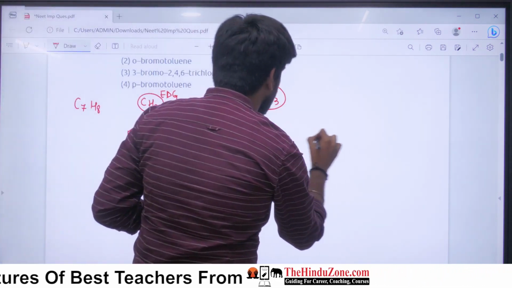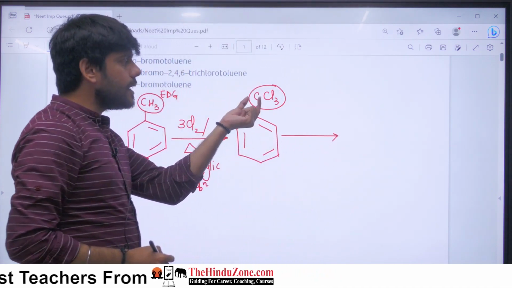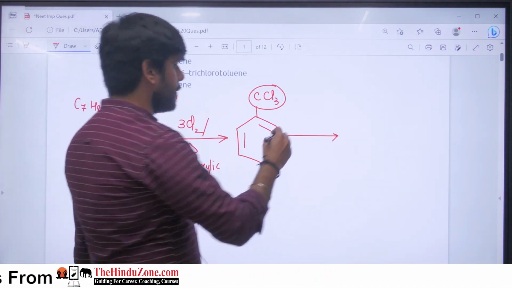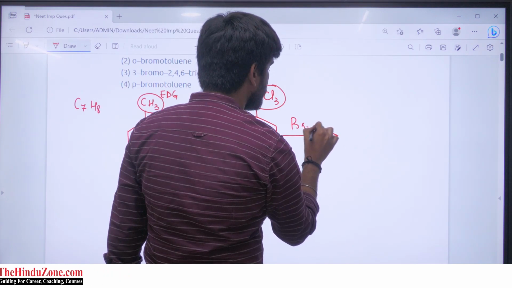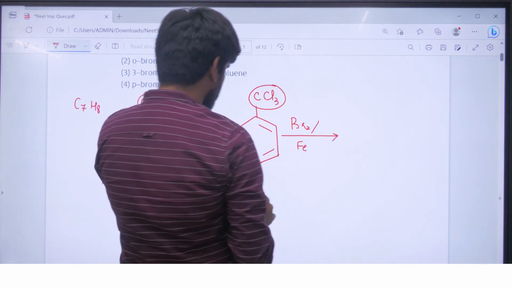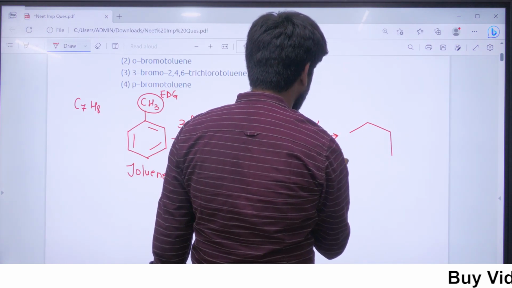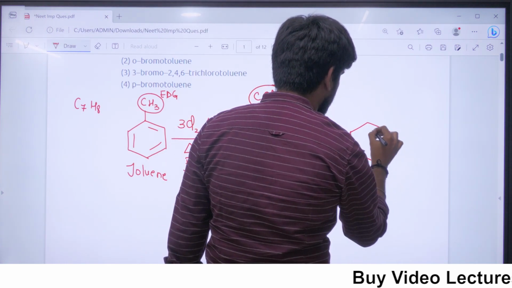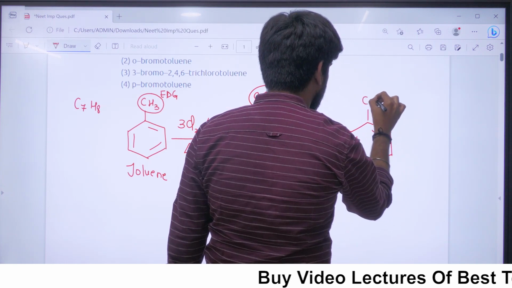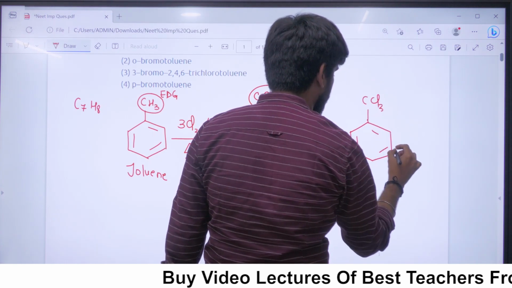So you know that this CCl3 group is your meta director. So bromination in the presence of some Lewis acid, for example FeBr3, gives you the meta product like this.